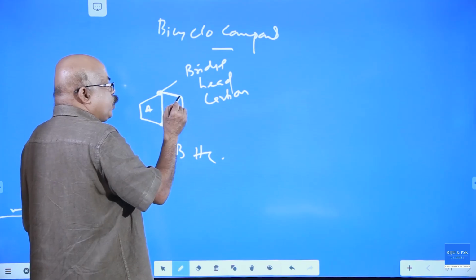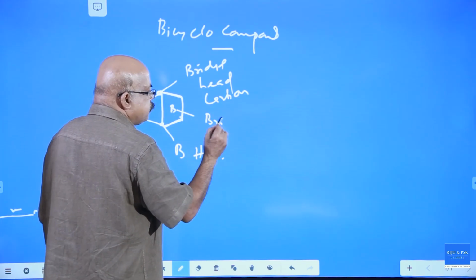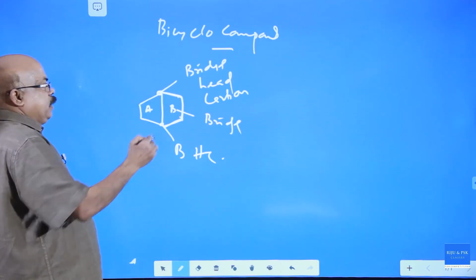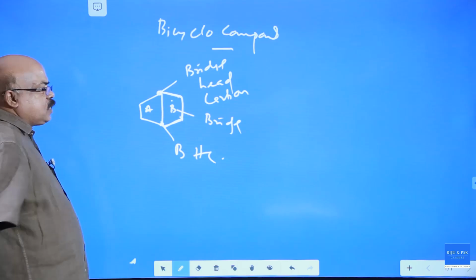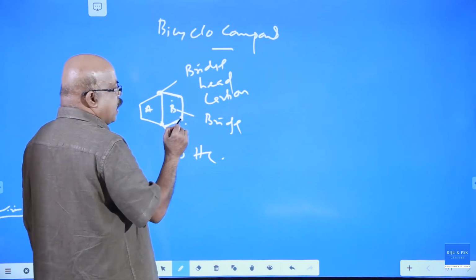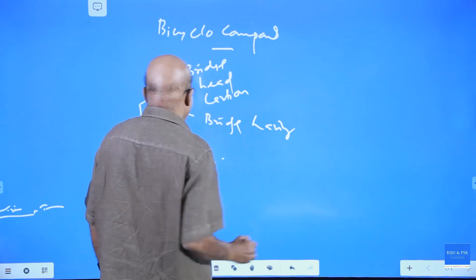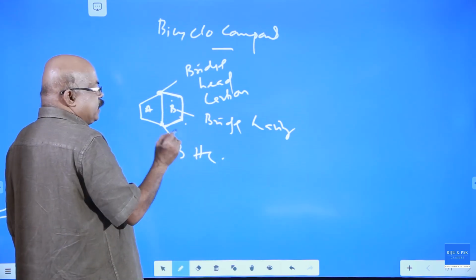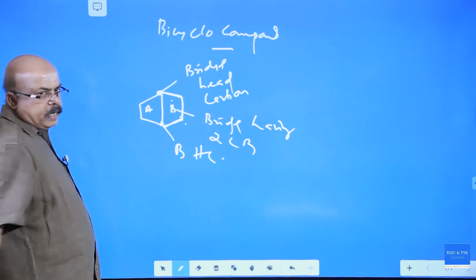It is a two carbon chain. This is called a bridge. It is another bridge. These are two carbons holding the bridges. It is a bridge having two carbon, so it is a two carbon bridge. It is also a two carbon bridge.